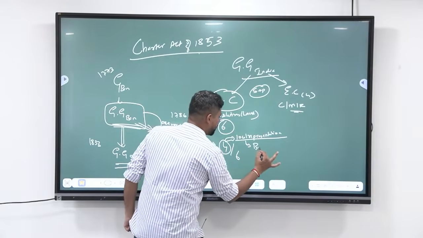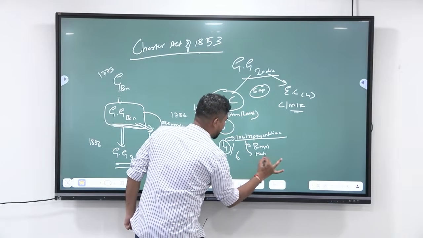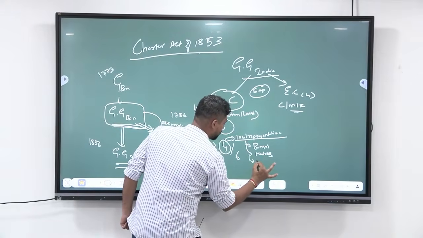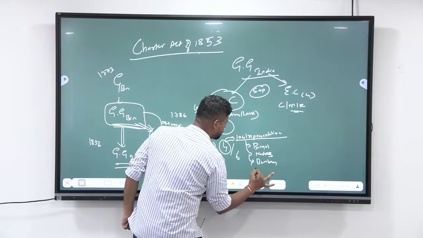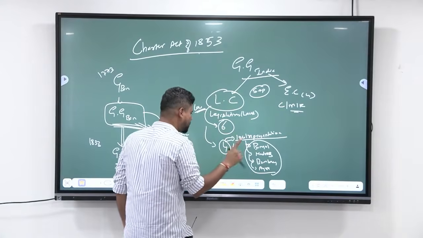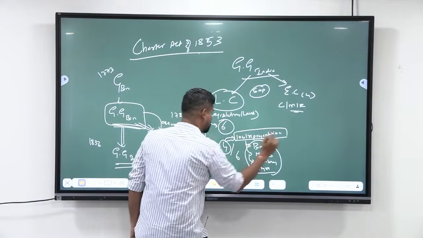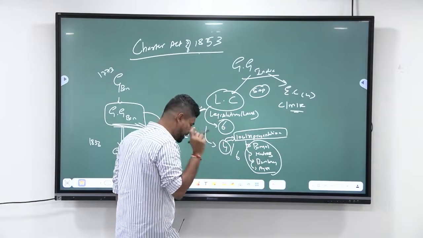That is, you have Bengal, you have Madras, you have Bombay, and then you have Agra. So these 4 provinces must send one representative each to this particular Legislative Council, and that is what is called local representation. It does not mean Indian representation.